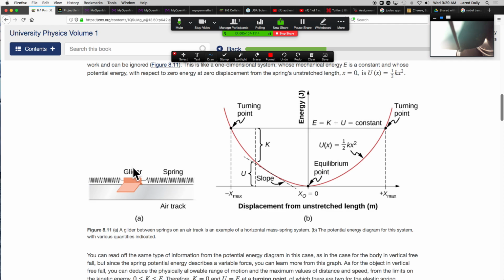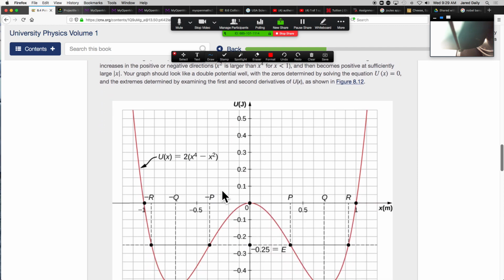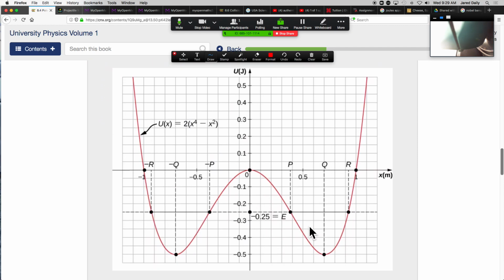So it's at the top of a hill, but there's springs on either side. So you have these springs on either side, and then there's a hill in the middle that gives it a little potential energy in the middle. Is this right here an equilibrium point? If we put the car right here, will it stay right there? Sure. If we put the car right here, it is in equilibrium.